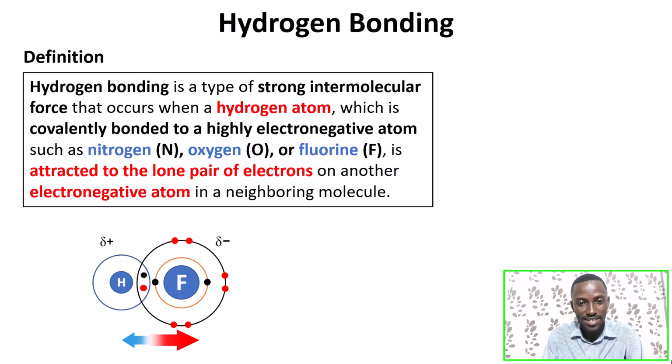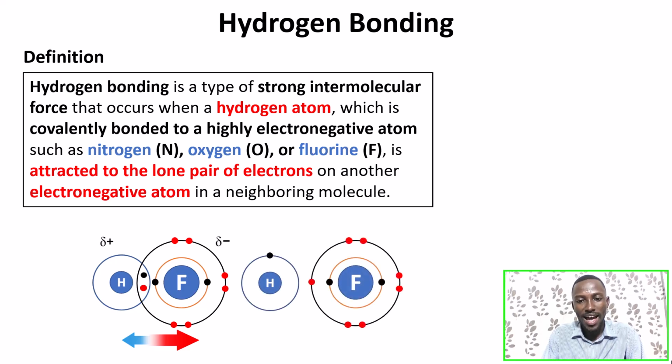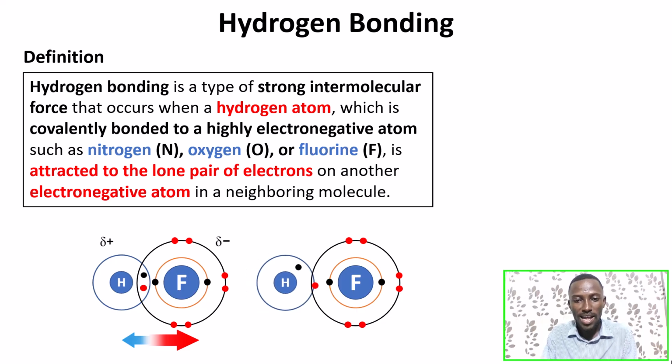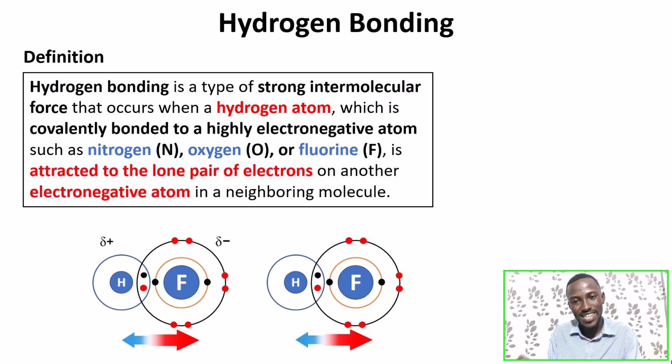It doesn't end there. Suppose you bring another hydrogen fluoride close to the first hydrogen fluoride. The same process repeats. They overlap in covalent bonding. Hydrogen tries to pull the shared pair of electrons towards itself, but fluorine is much more electronegative, so it pulls it more towards itself.